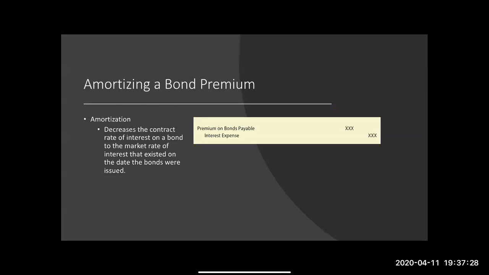All right, so amortizing the bond premium, again, looks exactly the same, except the journal entry is a little bit flipped, right? So now we're doing a debit to the premium on bonds payable and a credit to interest. We are reducing our interest expense, as in we're reducing our expenses by doing a credit, because we've received a lot of money up front, right?